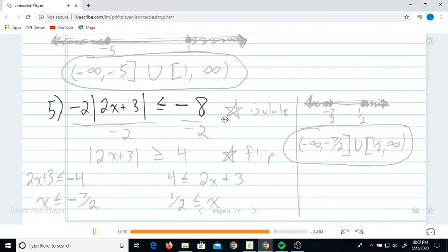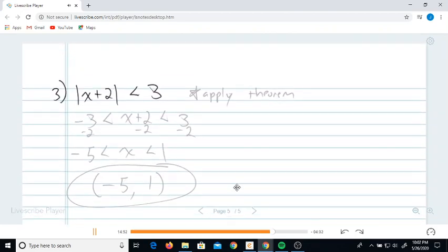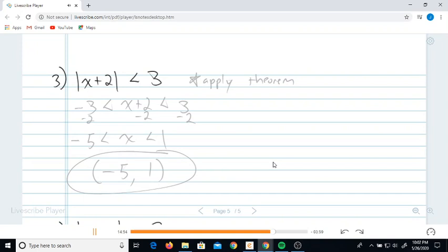So let's go ahead and wrap up with 3 more examples. So what we're going to do is we're going to go ahead and apply that theorem on the last page. So distance is less than 3 units. So we have -3, +3. So we got to ask ourselves, is our expression in between or outside?